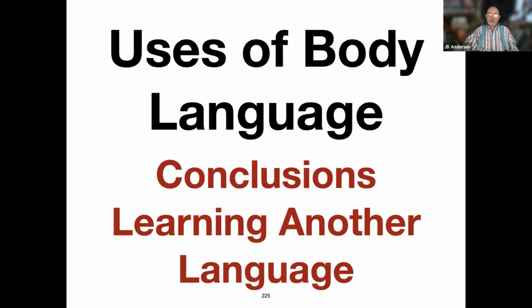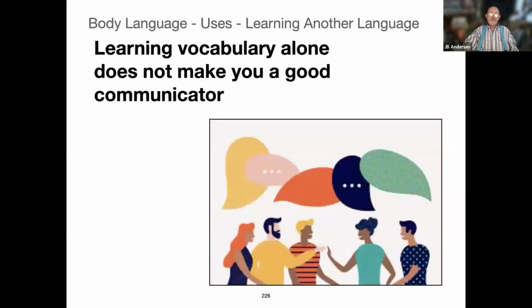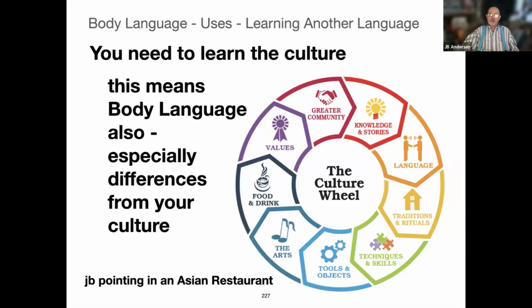Conclusions. Learning another language. Learning the vocabulary alone of another language does not really make you a part of that language group. Does not make you a good communicator, just being able to speak. You need to know about behaviors also.